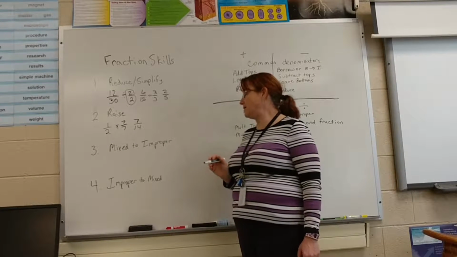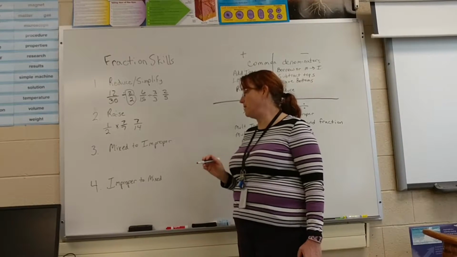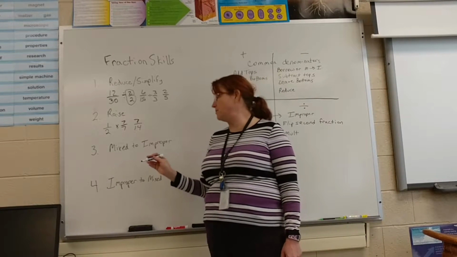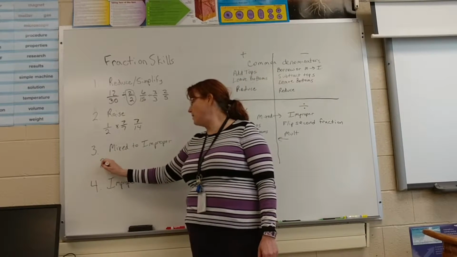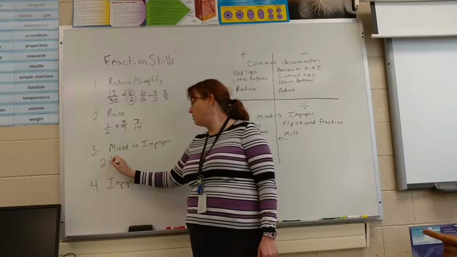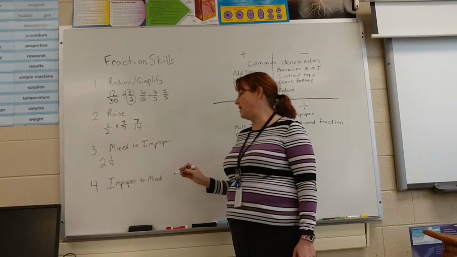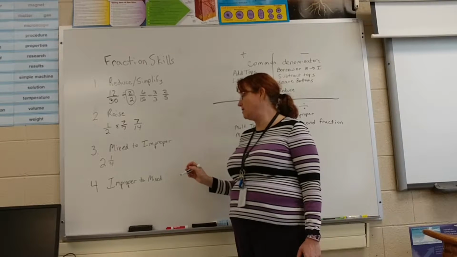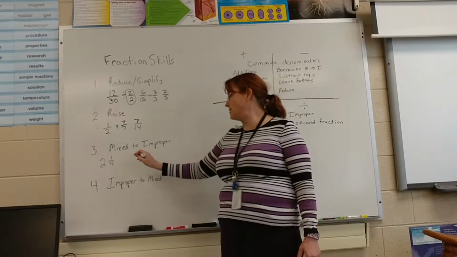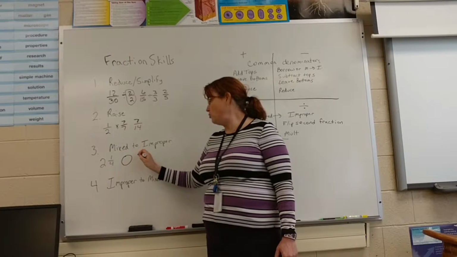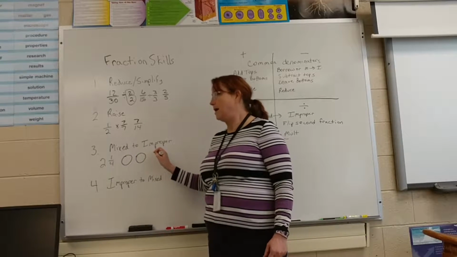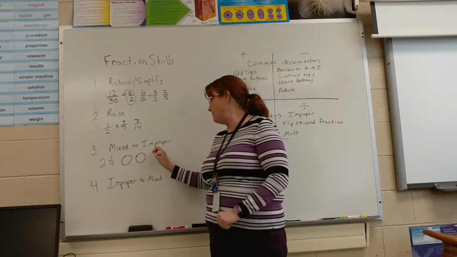To go from a mixed number to an improper number, a mixed number is a combination of whole numbers and fractions. So let's say we have 2 and 1/4. If I want to go to an improper number, I need to make it into a fraction. So I want you to visually think what's happening here. You have 2 full pizzas and you have 1/4 of a pizza.